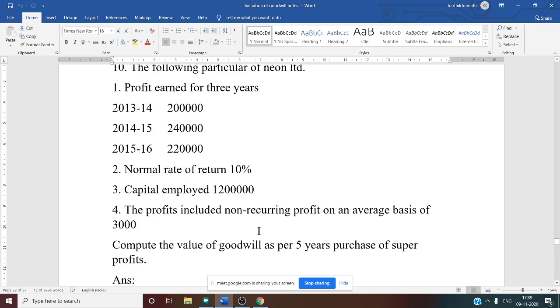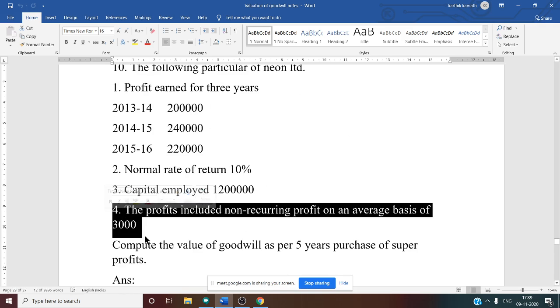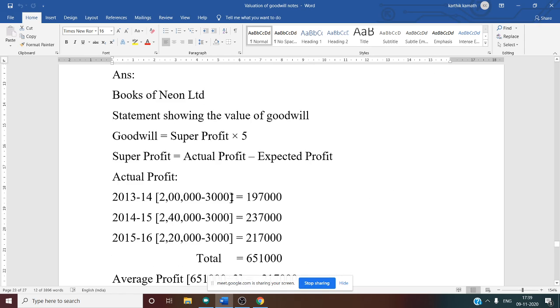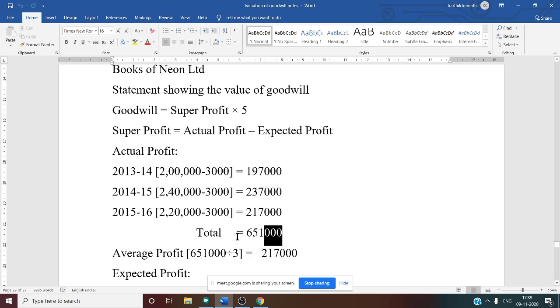From these you need to deduct the non-recurring profit of 3,000 from every year's profit. 2 lakh minus 3,000 is 1 lakh 97,000. Similarly, 2 lakh 40,000 minus 3,000 is 2 lakh 37,000. And 2 lakh 20,000 minus 3,000 is 2 lakh 17,000. So the total is 6 lakh 51,000.